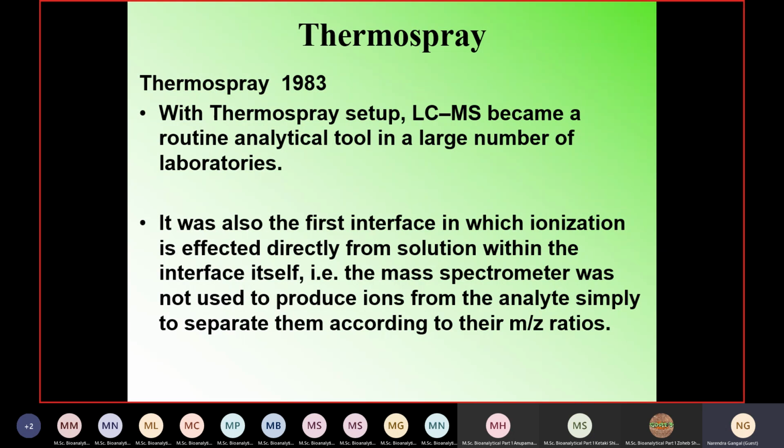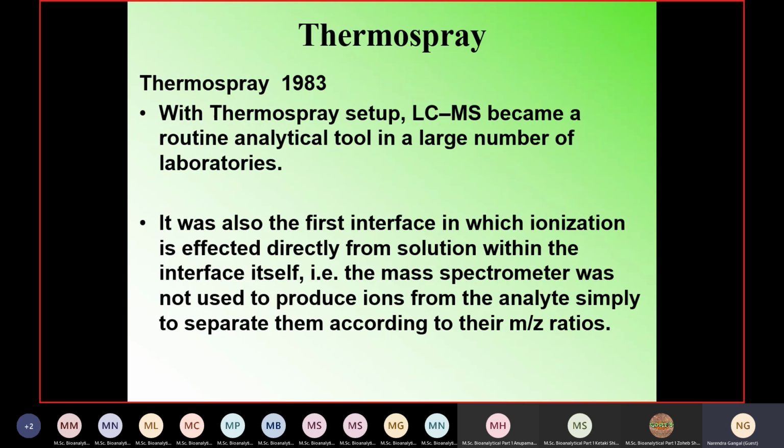Instead of 1000 microliters flowing per minute, it is 25 microliters. So today's good LCMS are all UPLC coupled with a mass spectrometer. That is LCMS only, but it's a different form of LC.